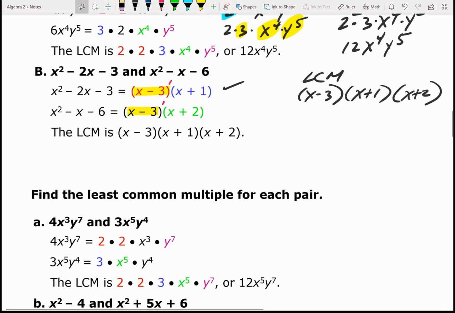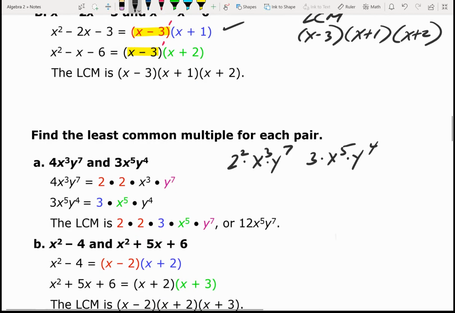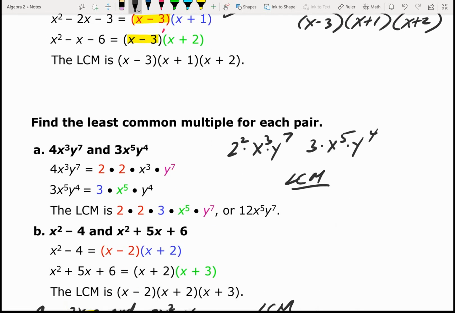Again, we have 4x cubed y to the 7th and 3x to the 5th y to the 4th. So again, 4 I can write as 2 squared, and then I have x to the 3rd and y to the 7th. And then I have 3 times x to the 5th y to the 4th. So my least common multiple has to have the 2 squared, and I also need the 3.